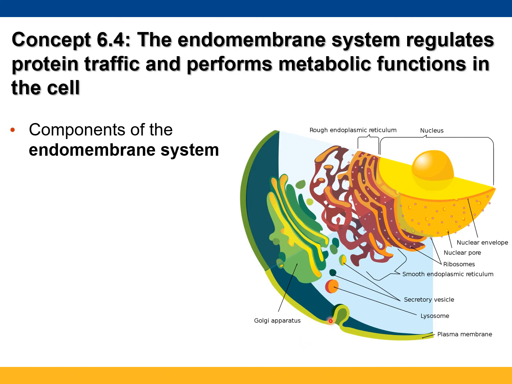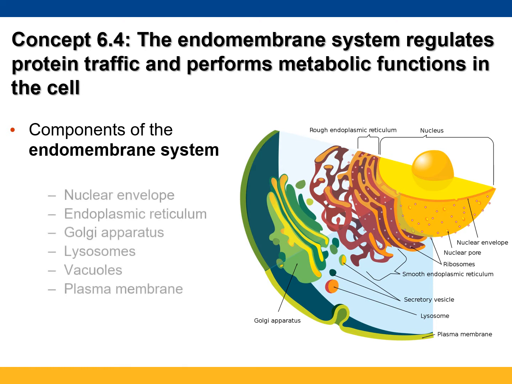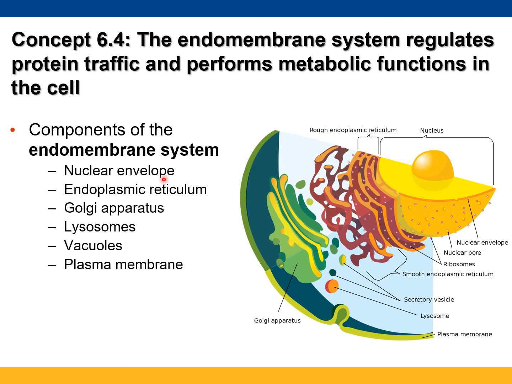Sometimes we're bringing things into the cell in order to acquire nutrients or phagocytose cell debris in some cases, or we're secreting in other ones. So it's a complex interaction. It involves all of these structures: nuclear envelope, endoplasmic reticulum. And by the way, reticulum just is a patterning.